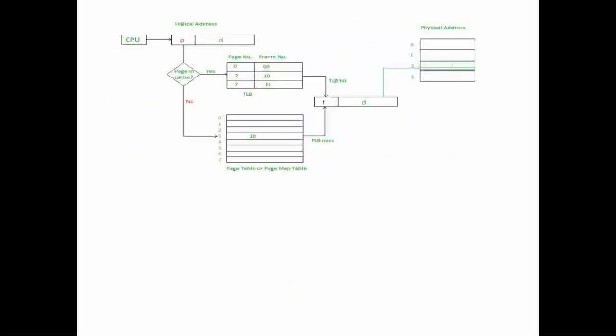In the diagram, for a logical address, the processor examines the TLB if an entry for a page is available. Suppose if an entry for a page is available, then it is TLB hit. Then the frame number is retrieved and the real physical address is formed.